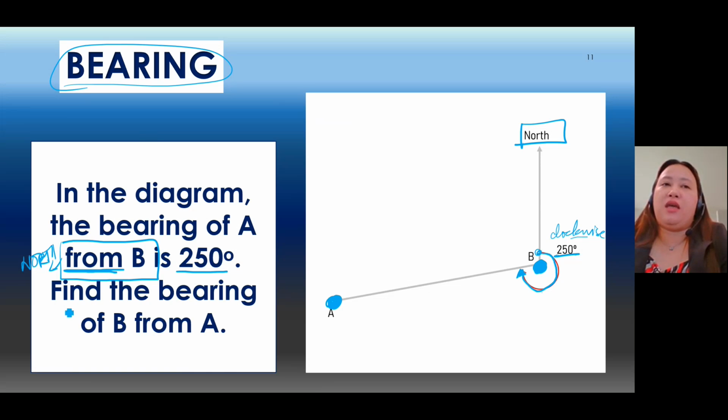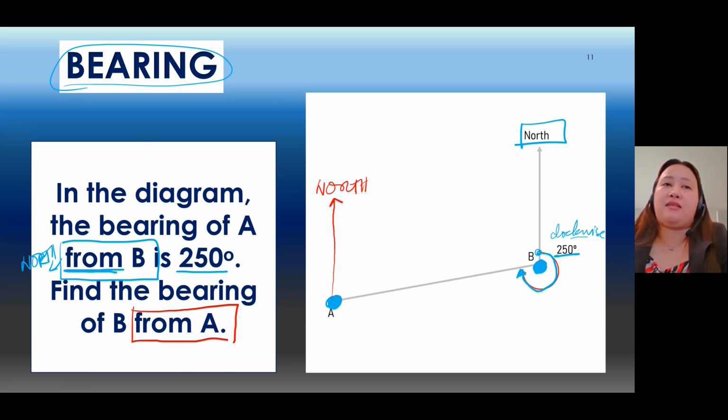What we need to determine is the bearing of B from A. This time, you can read here the "from A," so it means that you're going to have your north at A, the upward direction.